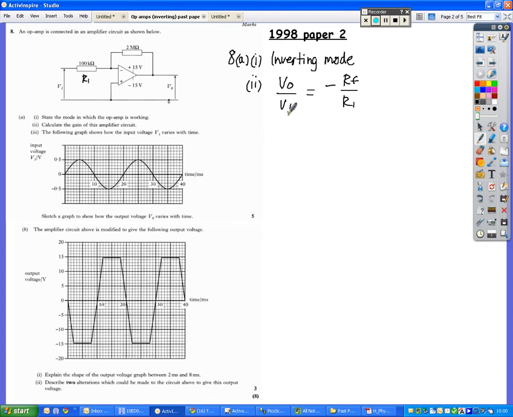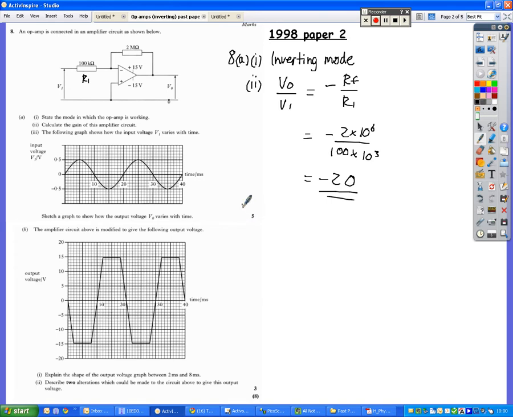So what you're really calculating there is the gain when you do V out divided by V in. So it's going to be -2 times 10 to the power 6, because that's mega ohms, divided by 100 times 10 to the 3, 100 kilo ohms, will give you -20. Now remember that gain does not have units, it's just a number. It's a number by which you multiply the input voltage by to get what the output voltage is.